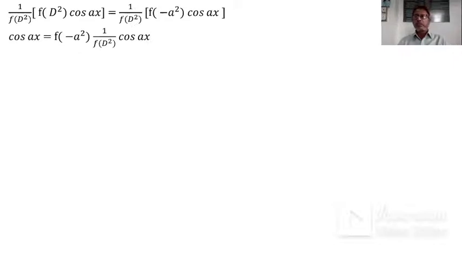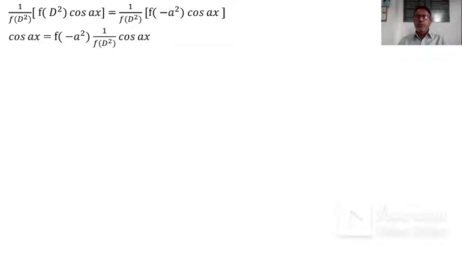Then we obtain 1 upon f of D square into square bracket f of D square cos ax is equal to 1 upon f of D square operate on f of minus a square cos ax. Now we know that 1 upon f of D square and f of D square vanish on the left hand side. We obtain only cos ax is equal to, now f of minus a square is constant.